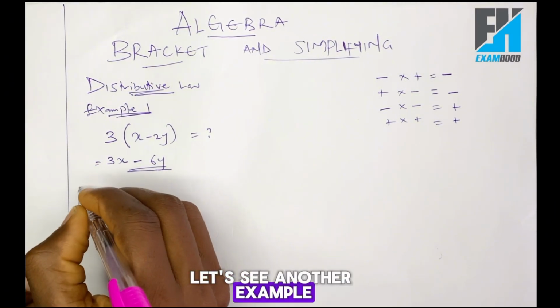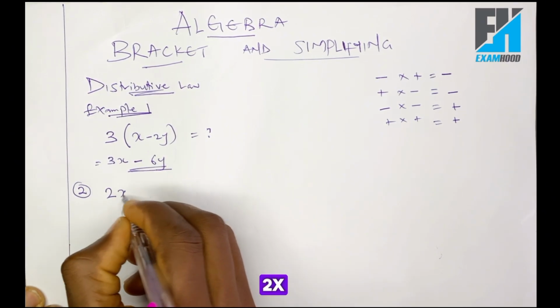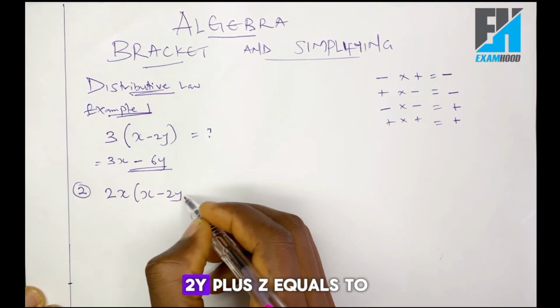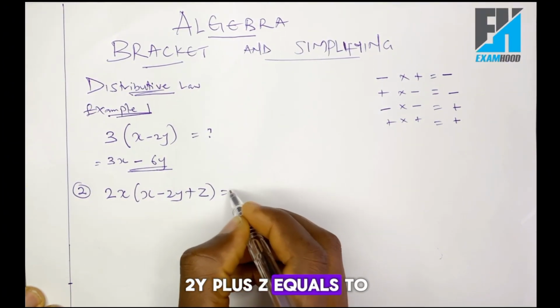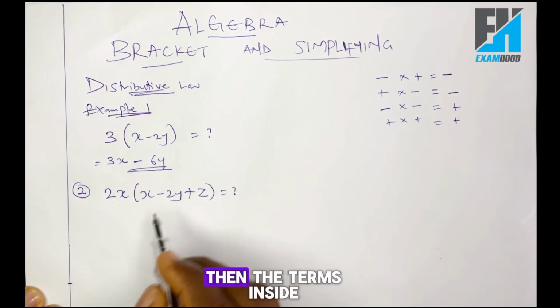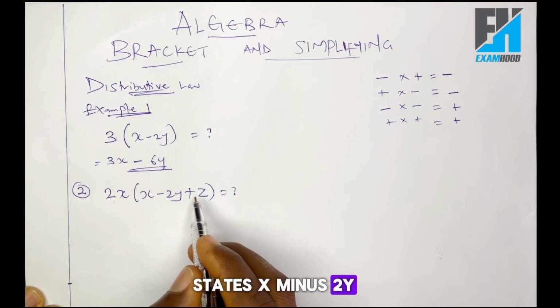Let's see another example. Example 2. 2x, open bracket, x minus 2y plus z, equal to, we don't know. Now let us see. This is a term outside there, which is 2x, and the terms inside the brackets are x minus 2y plus z.